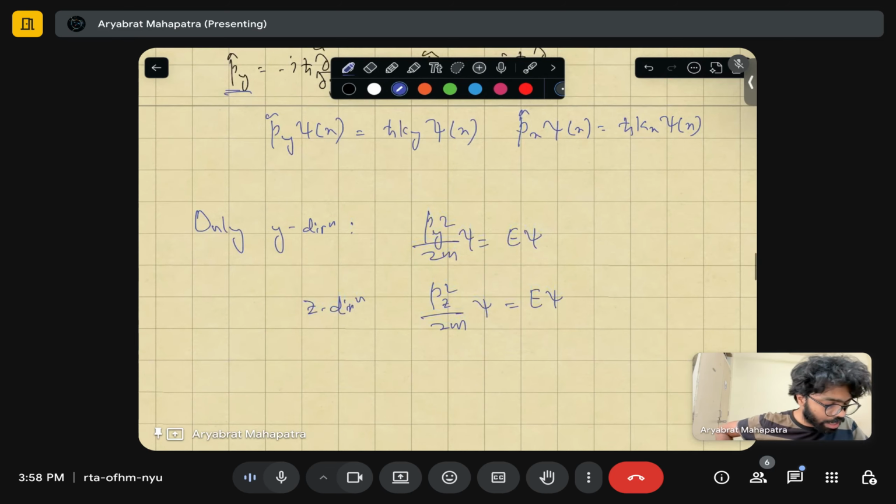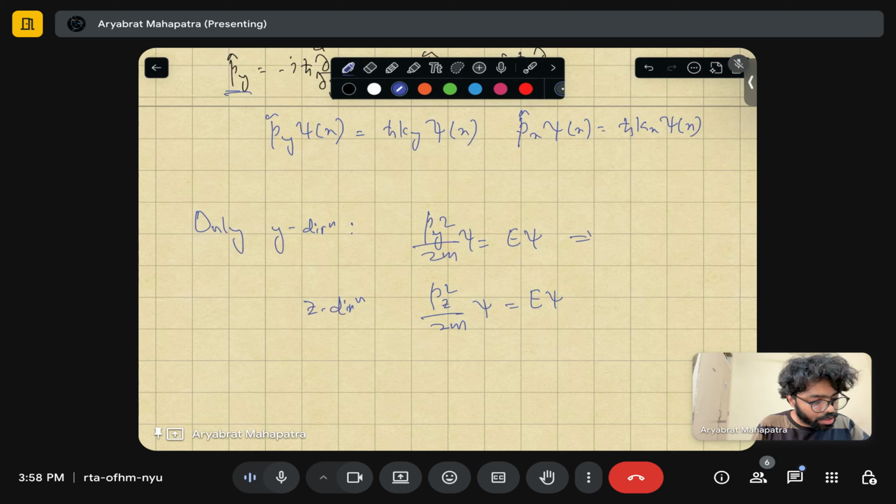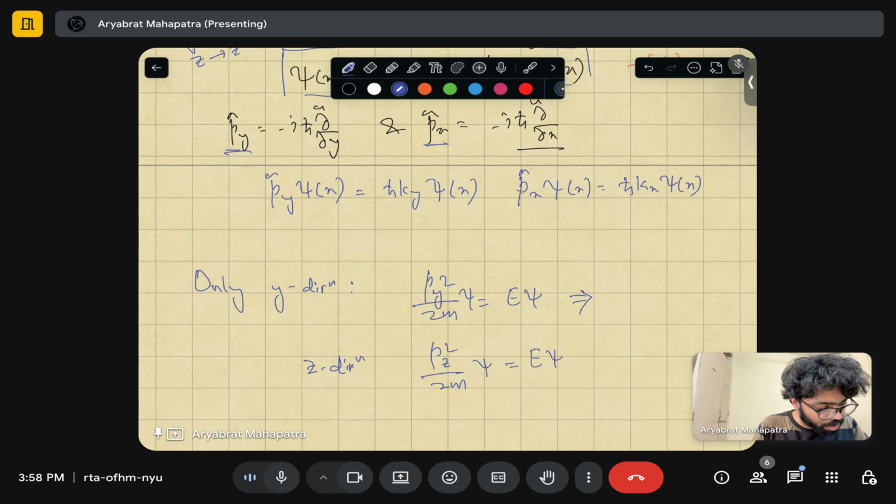In operator form, it is minus h bar squared over 2m del squared psi over del y squared equals E psi.